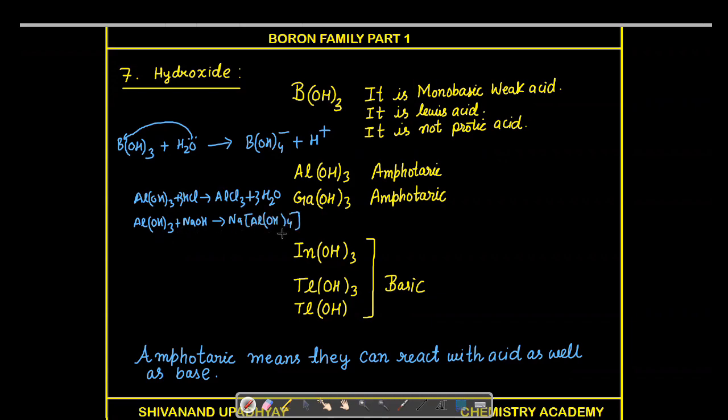So acid and base react to form a Lewis acid-base adduct, which on heating loses water, and there is formation of NaAlO2. Water molecules go out in the form of gas and the solid residue is left. So you should know about this reaction.